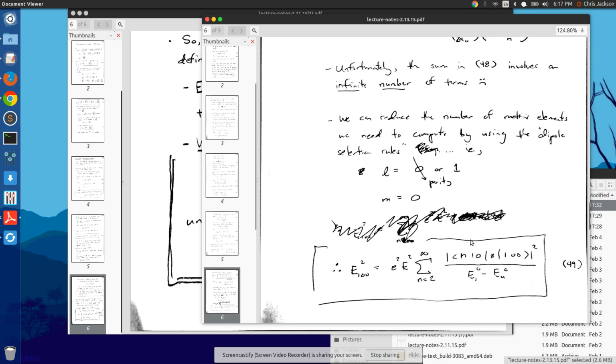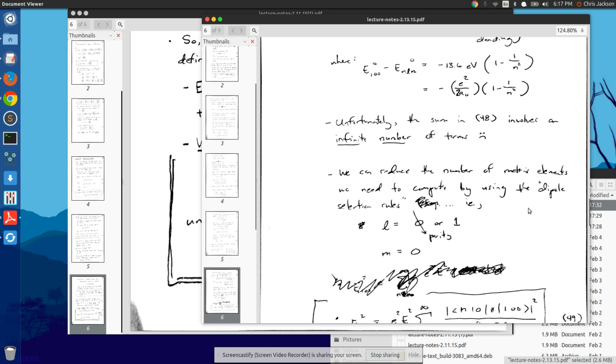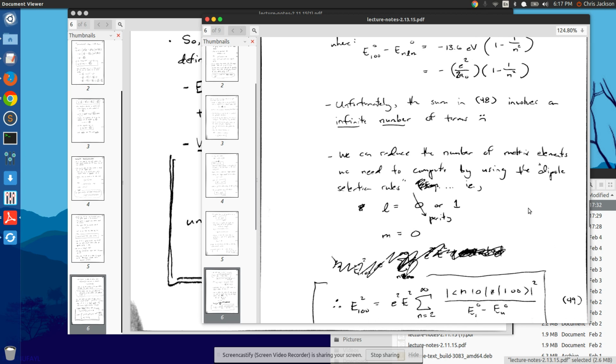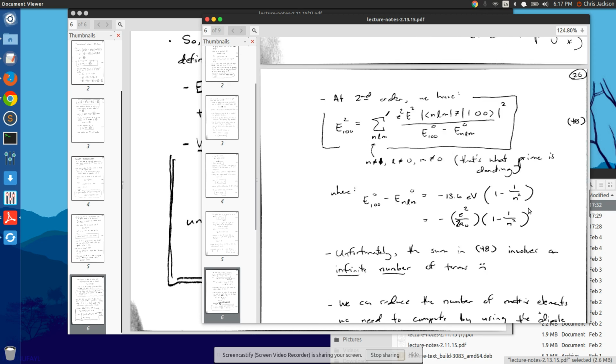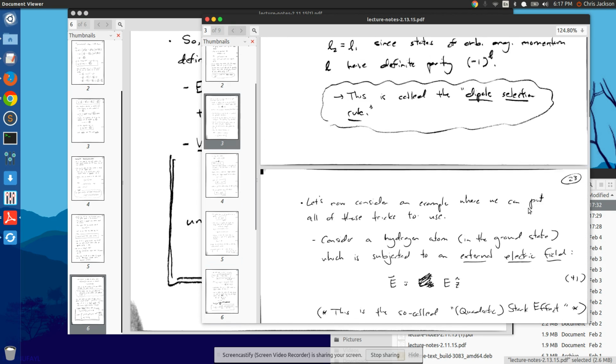The first thing we can do is reduce the number of matrix elements we need to compute by using the dipole selection rules. Because we have L equals 0 over here... Let me go back, I just got lost here.